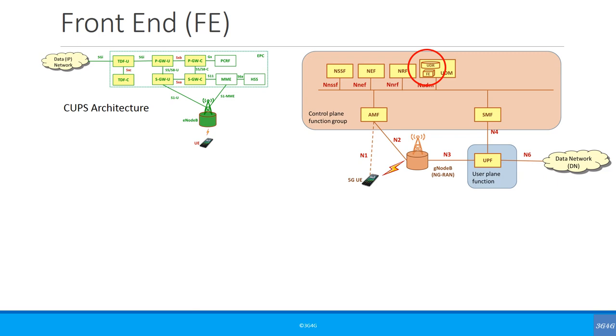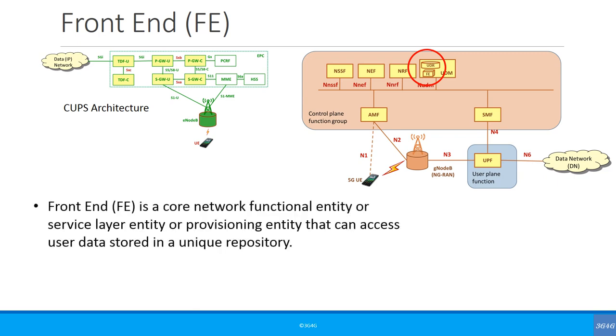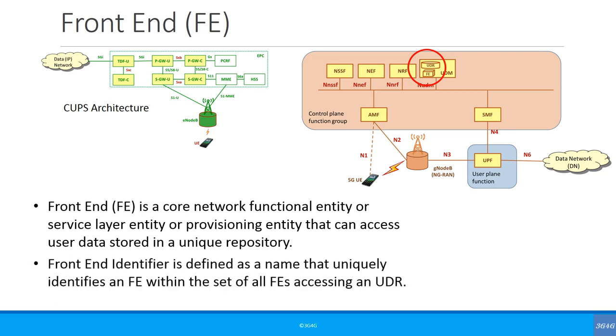Then you have also the front end, FE. So the front end is a core network functional entity or service layer entity or provisioning entity that can access user data stored in a unique repository. A front end identifier is defined as a name that uniquely identifies an FE within the set of all FEs accessing the UDR.